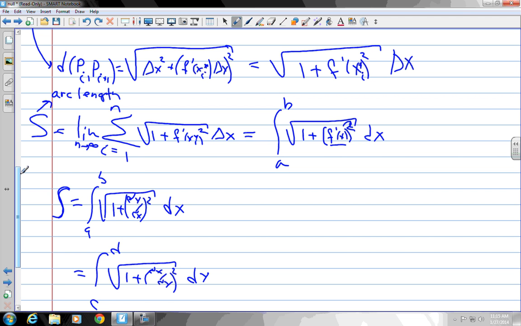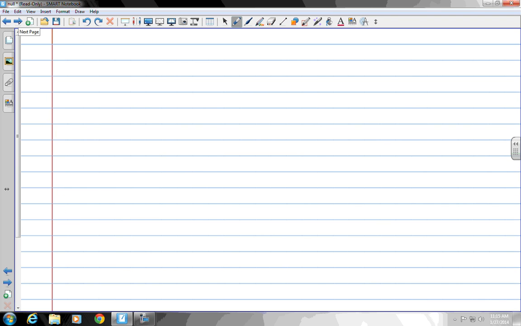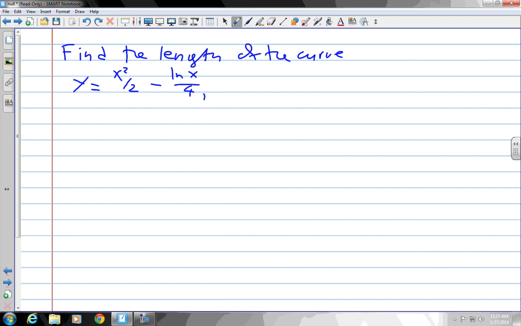So let's do a few examples. This is a fun one. Find the length of the curve y equals x squared over 2 minus ln of x over 4, between 2 and 4.